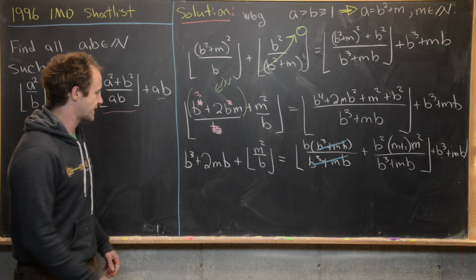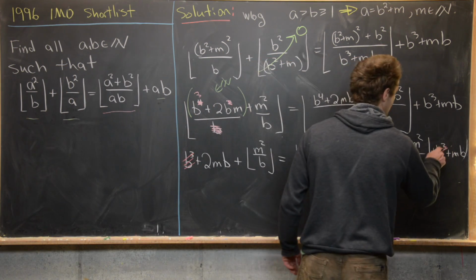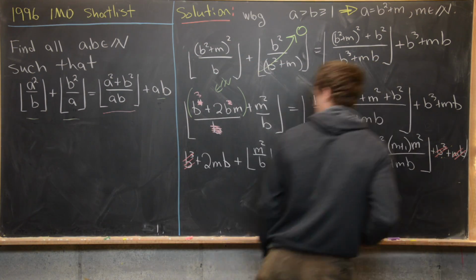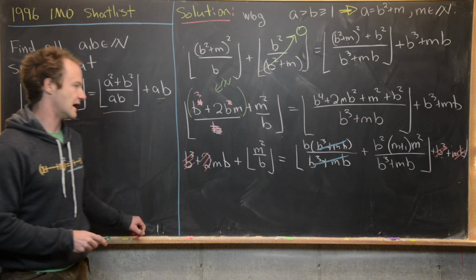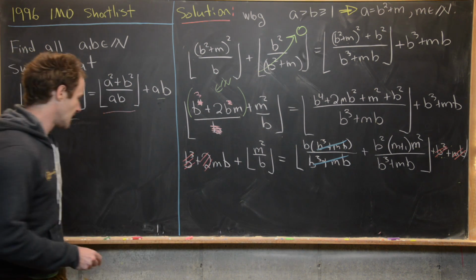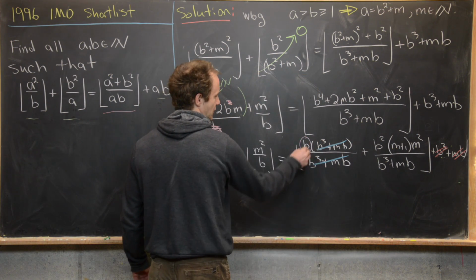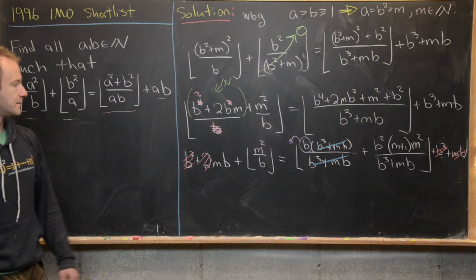Now let's do some simplification. This b cubed on the left can cancel this b cubed on the right. This mb on the right can cancel the coefficient 2 down to a 1 on the left. So we're left with something like that. And then next, since we've canceled this numerator and this denominator, we can bring this b out of the floor because, again, we know that's a whole number.